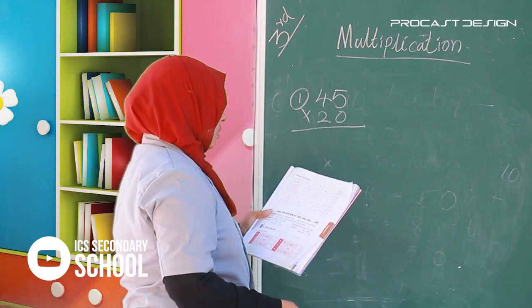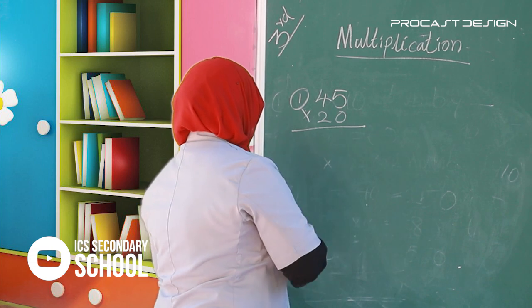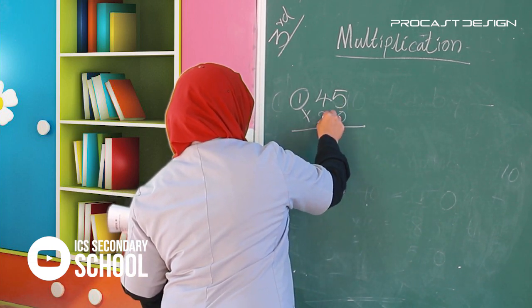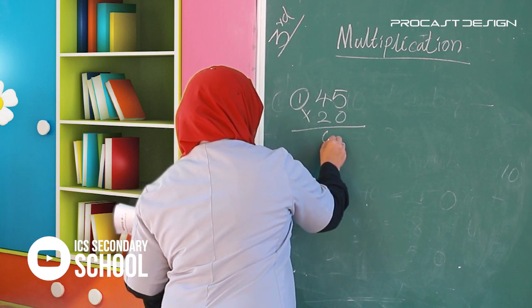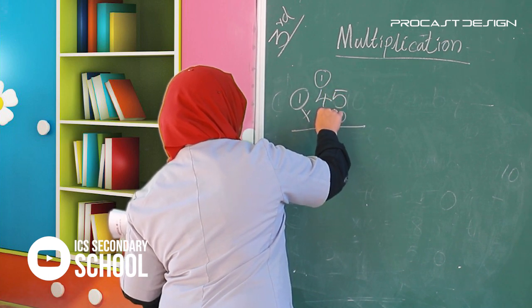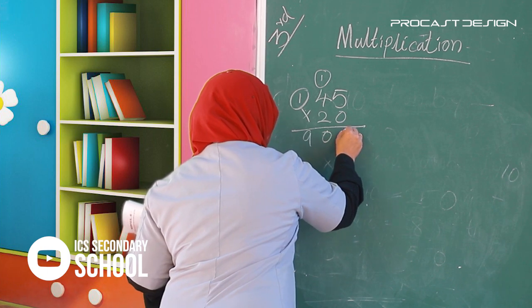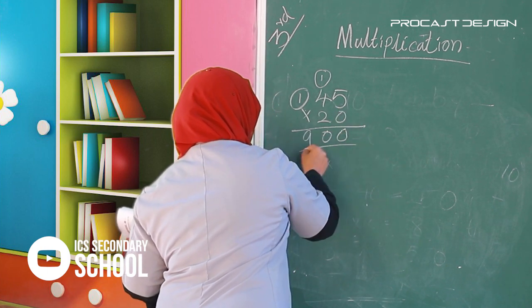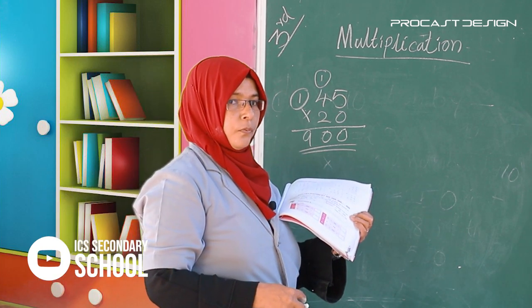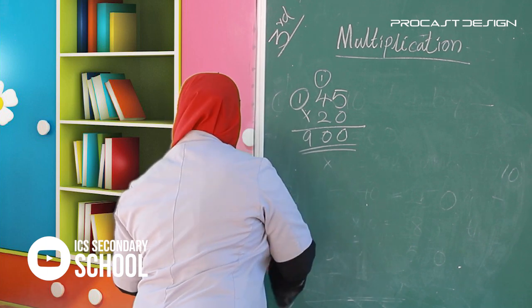We write it in 2 into 5, 10, 1, 2 into 4, 8 plus 1, 9. Next, add a 0 on the right side of 90.